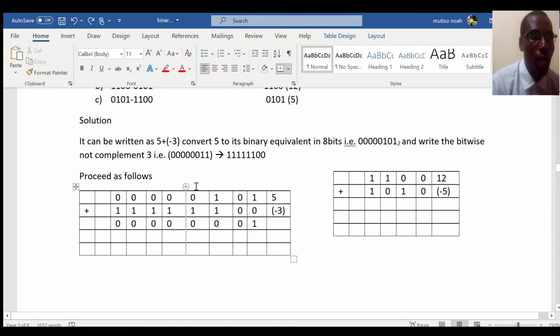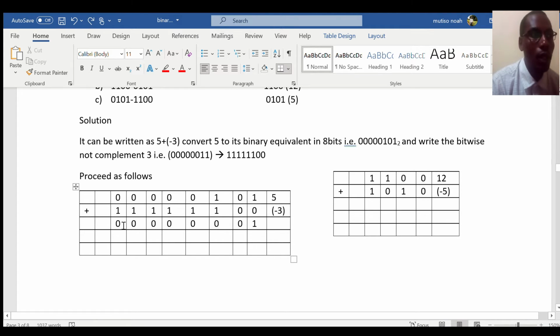So we have here 1 plus 0 plus 1, you get 0. Carry 1. 1 plus 0 plus 1, you get 0. You carry 1. 1 plus 0 plus 1, you get another 0. You carry 1 here. 1 plus that 0 plus 1, you get another 0. You carry 1. Plus 0 plus another 0, you get 0.